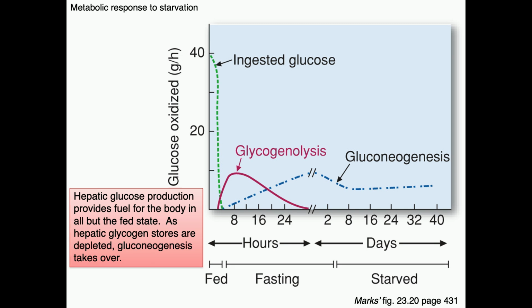This is because gluconeogenesis using protein-derived substrates, using amino acids as substrates, is not sustainable for the long term. The reason that we decrease our gluconeogenesis rate here is because we want to sustain organ protein and muscle protein, because that's going to allow us to find our next meal, essentially.